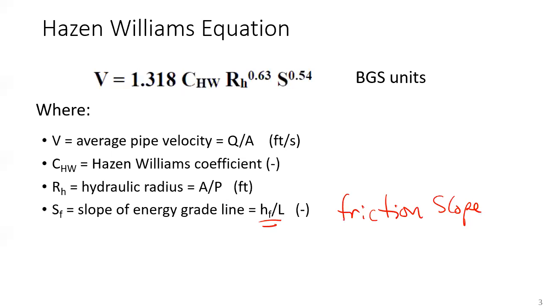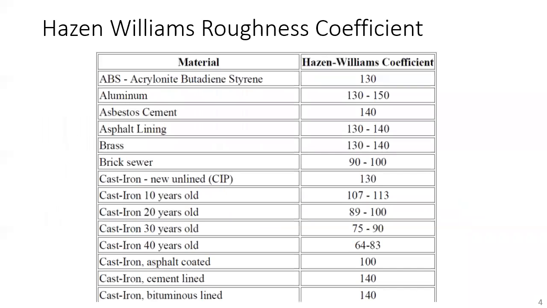So you could certainly rearrange this equation, and you will see it rearranged later, to solve directly for H sub F, just as you saw in the Darcy-Weisbach equation on the previous slide. H sub F is directly solved for in the equation. Okay, so again, this is the Hazen-Williams equation, and this is the common form you find it in.